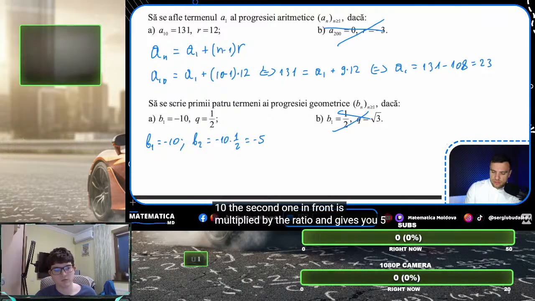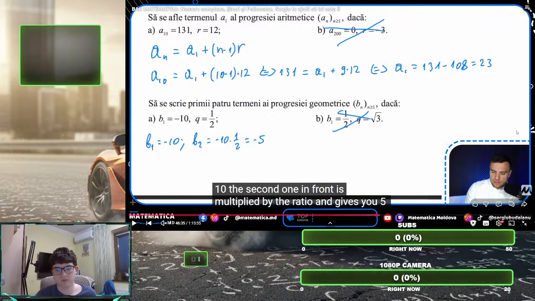And now after that we do B2 times Q, we get the third term and so on. Here Q perhaps is just the multiplying ratio. I didn't know Q was that, but okay, it's fine.